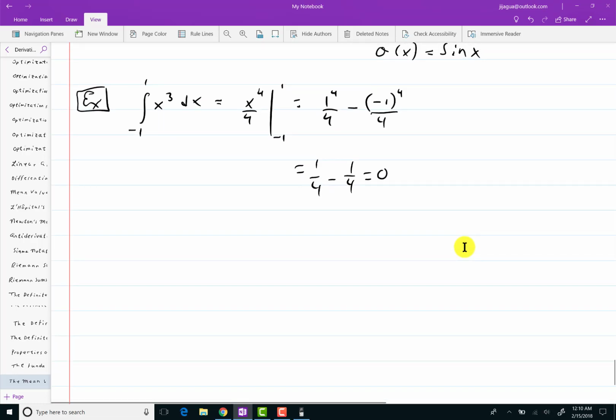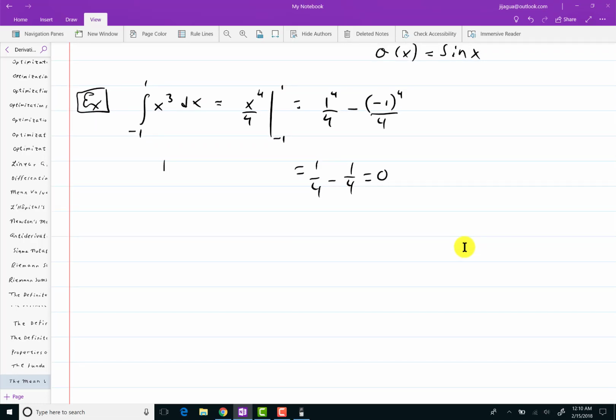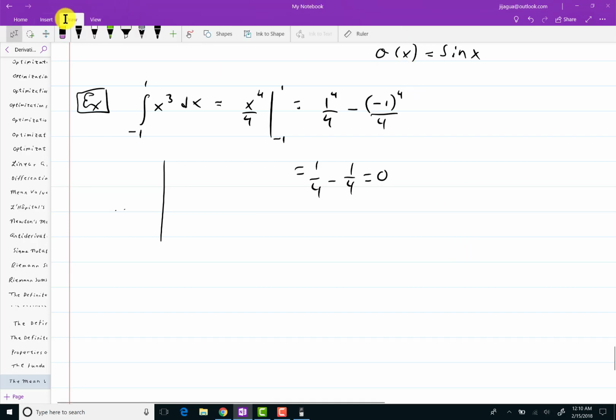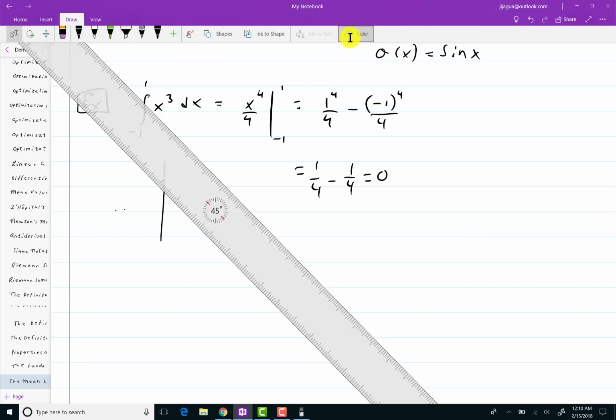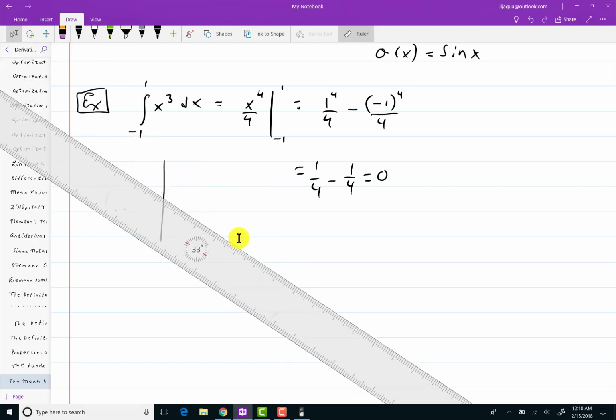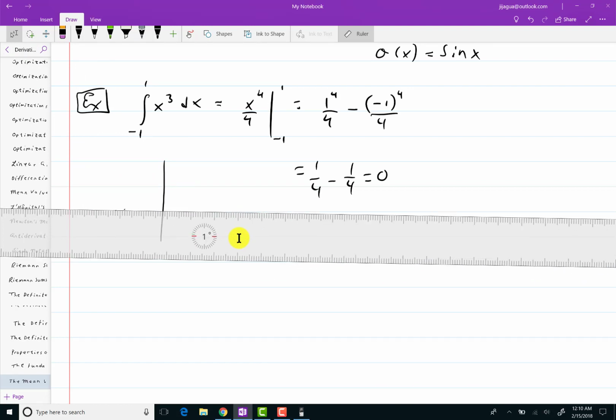The reason why that's so, if you look at the function itself, I'm going to have to try this again. That didn't work out. There we go. This is cute.